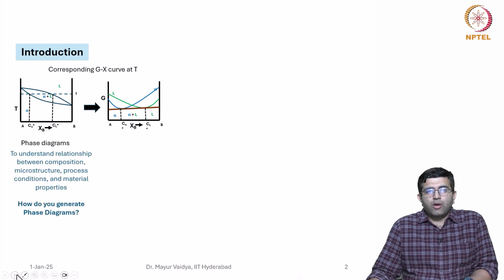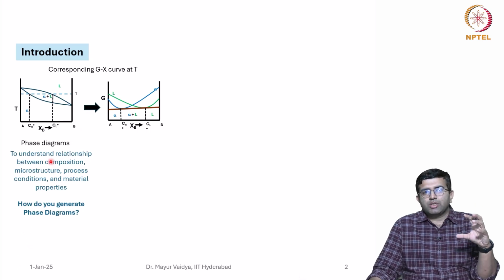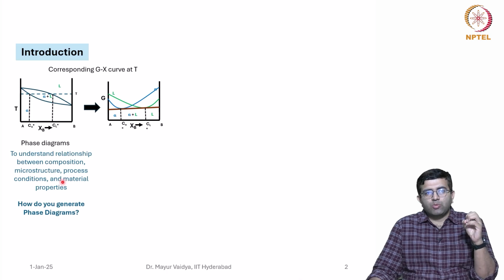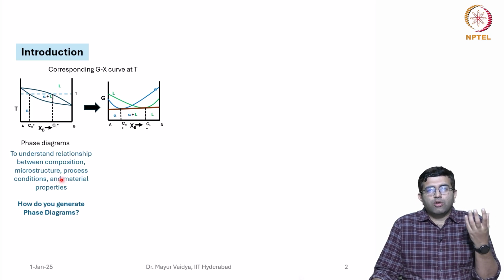Now, we know that phase diagrams are very important for materials scientists and engineers to understand the relationship between composition, microstructure, process conditions, and sometimes the material properties, that is the indirect linkage. But a lot of material design and alloy design happens with the knowledge of phase diagrams.